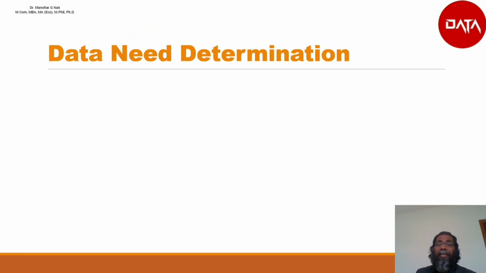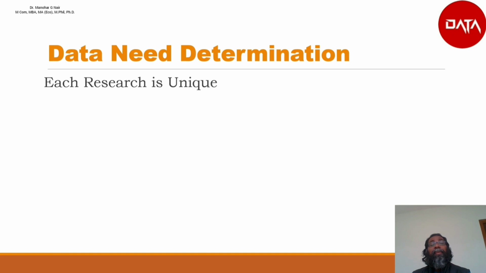Let us discuss each one of these points in detail, and the first one is data need determination. Each research is unique and the researcher has to decide what type of data he is in need of.